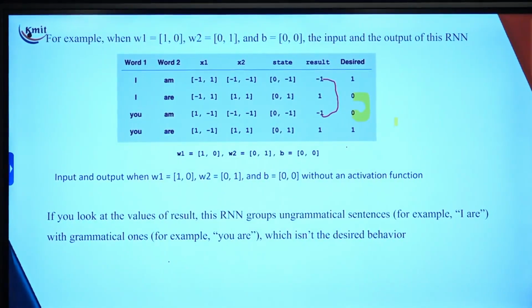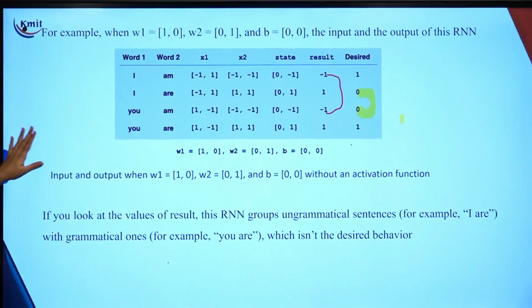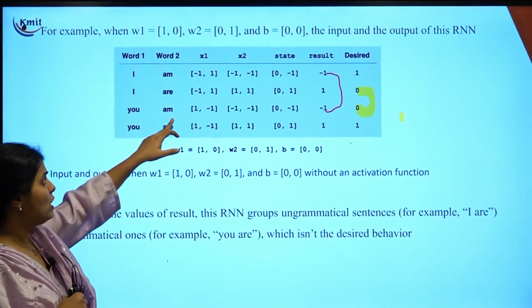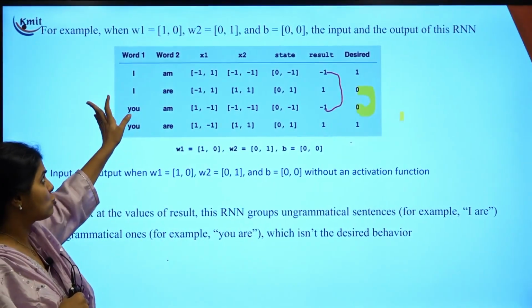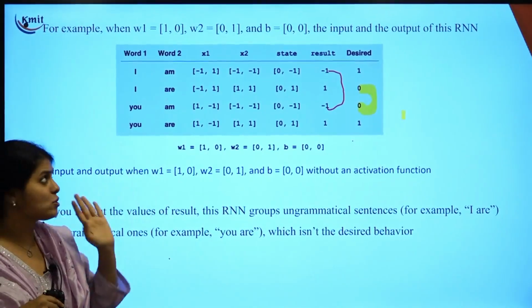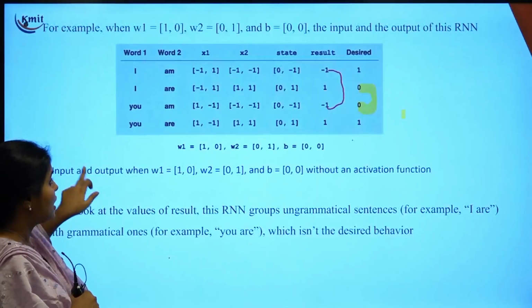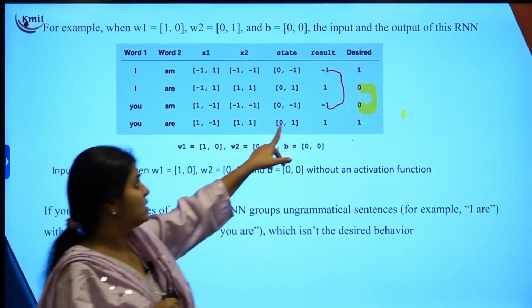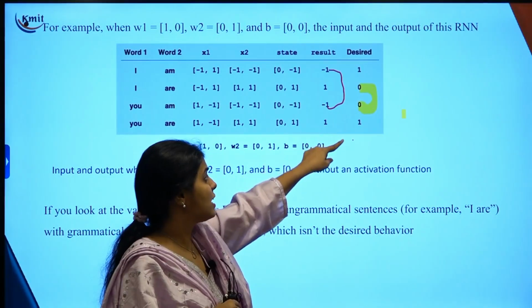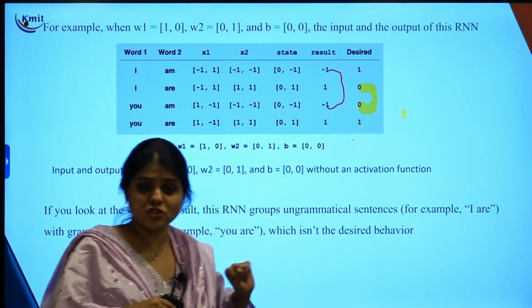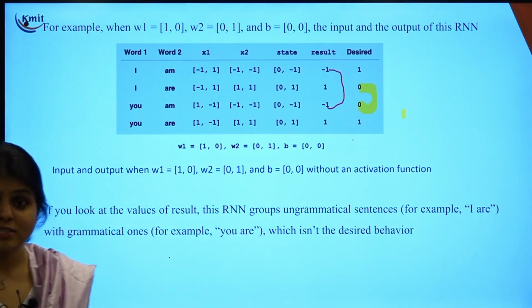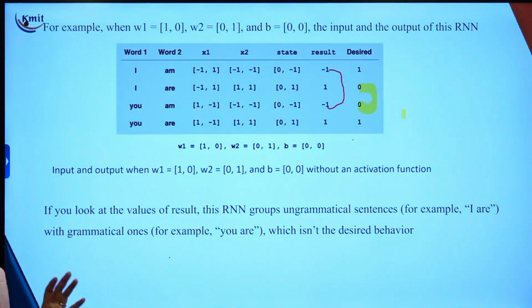Look at this particular thing. Here I have two words, word 1 and word 2, along with the word embedding representations of these words, represented as x1 and x2. When I go with this problem without activation functions, as you can see, the desired output would not match the actual result that we get, because the RNN is just using the update functions but not making any active state function, since I am not using any activation functions.